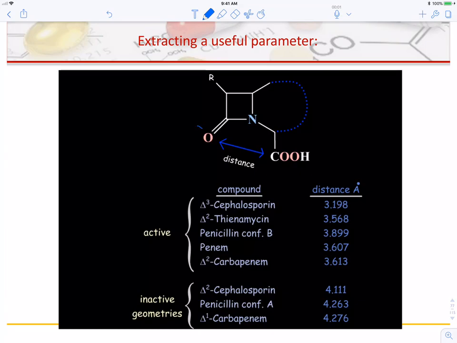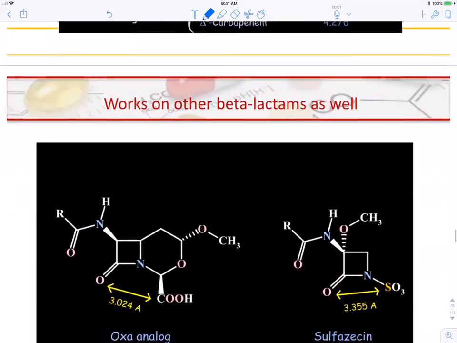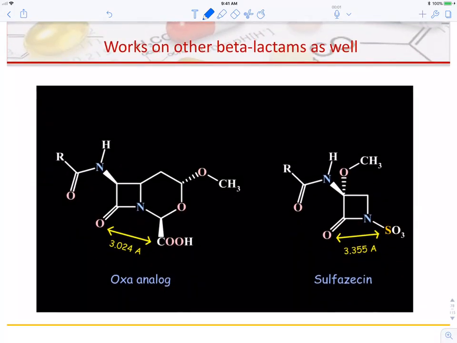And that's the distance between the carbonyl group of the beta-lactam and the carboxylic acid derivative here. When the distance is below 4 angstroms, then we have compounds that are active. This works in all beta-lactam derivatives.